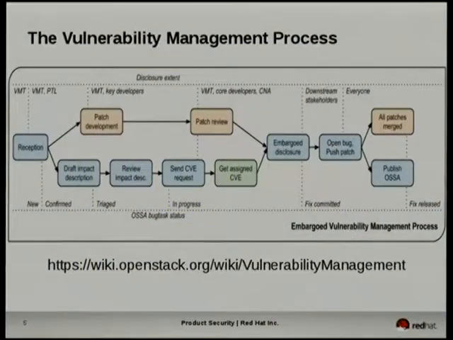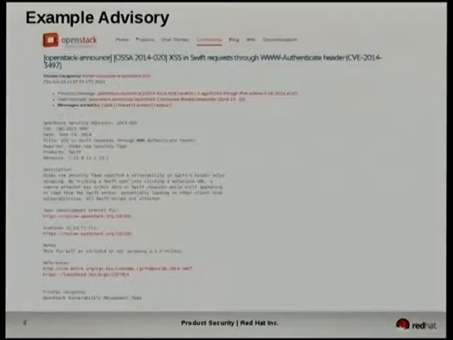At the date of embargo disclosure, that's when we open up the bug, push the patch up, and work to, as quickly as possible, get the patch merged and publish the OpenStack security advisory, which looks something like this.